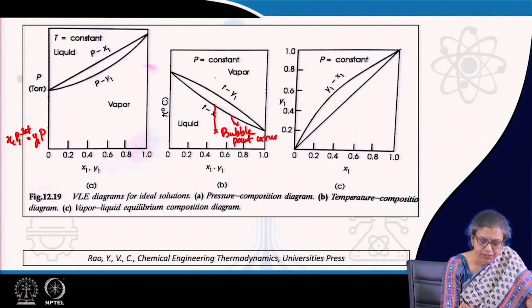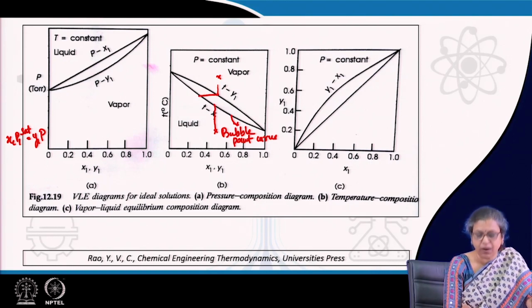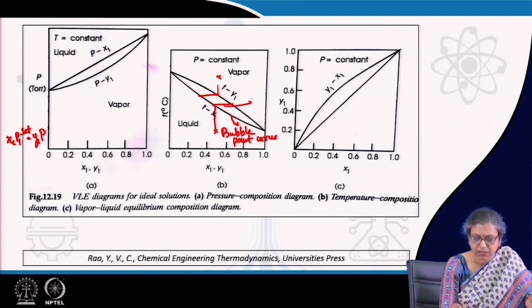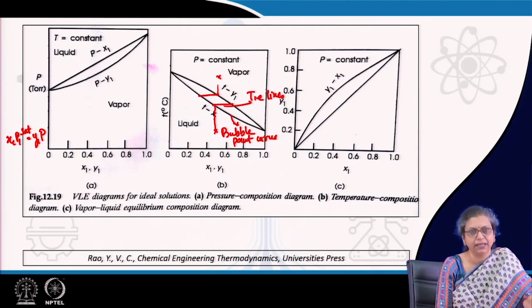In the same way, if we start from the vapor phase and start cooling it, the first dew appears here, and the composition in equilibrium with this y corresponds to the horizontal line, which is the isobaric isothermal line. Even from here, the vapor which is in equilibrium with this can be obtained from this equilibrium line. These particular lines, which you must have studied in thermodynamics, are known as tie lines.